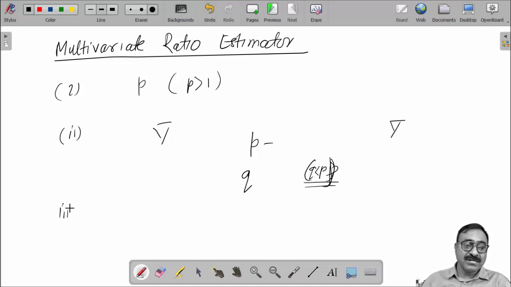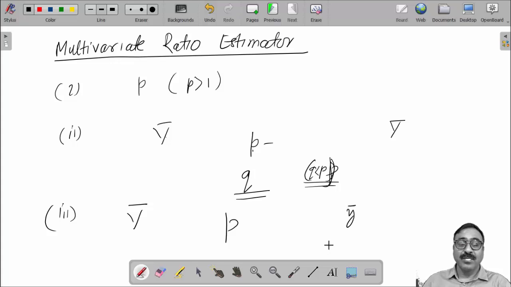The third question, is it possible to estimate y bar more precisely using a smaller number of auxiliary variables than p. And whether a ratio type estimator of y bar using p auxiliary variables is more precise than the simple mean estimator y bar.